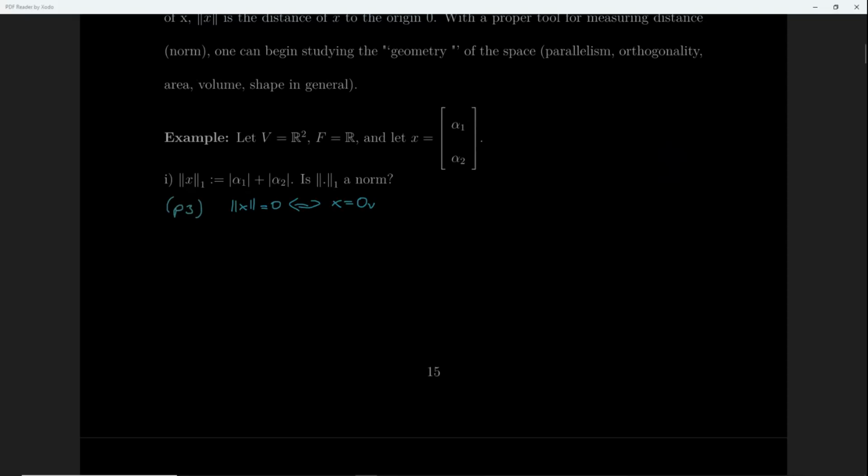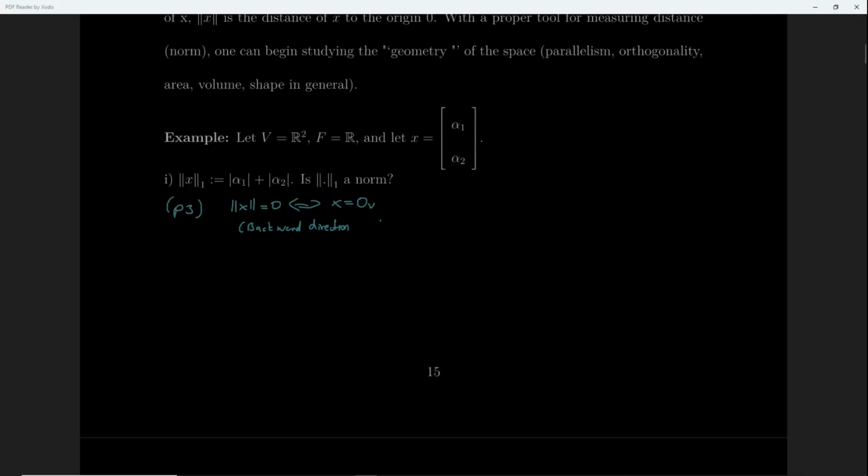So I need to prove in the forward direction and also in the backward direction. And let's start with the backward direction. So the backward direction claims that if x is equal to the 0 vector, then its norm is equal to 0.